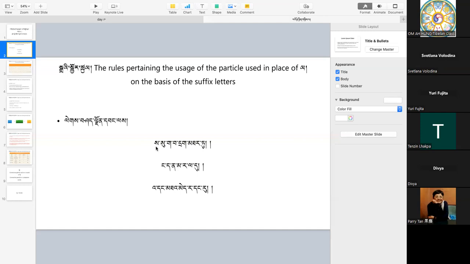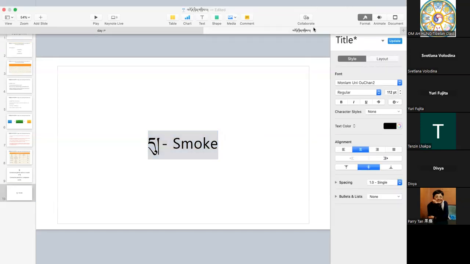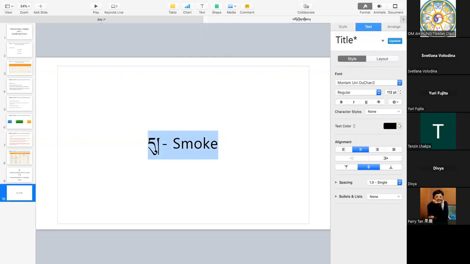So if a name has a suffix letter sa, se, right? Se means the prince. It could also mean, in a more honorific way, a son. So it can also refer to a dharma son, se. So Milarepa was the dharma son of Marpa, se.